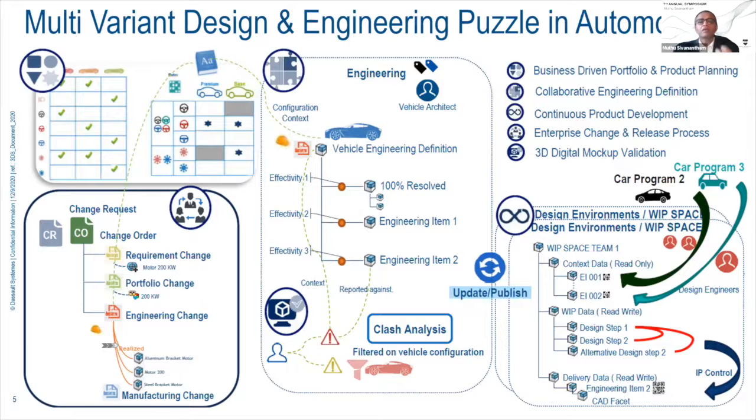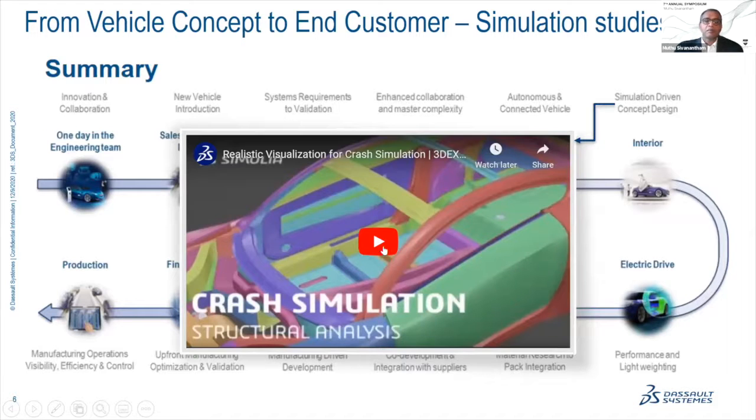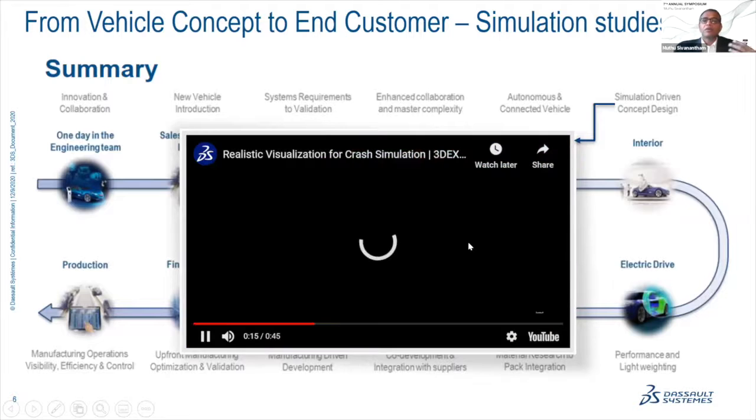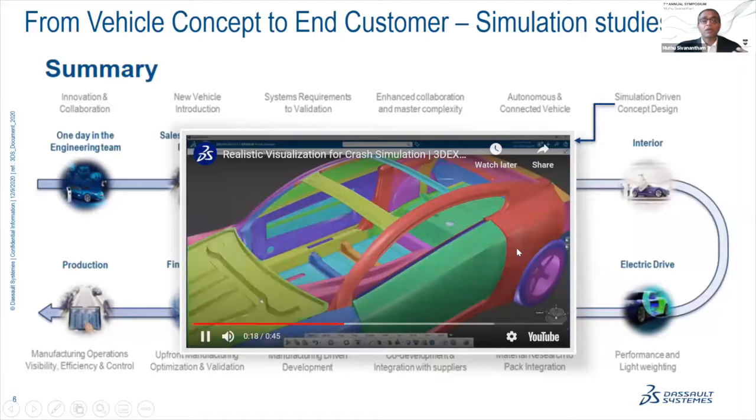So now you have a configurable data structure that not only contains all the information you need, but is shareable across various groups, like the simulation group you see here. What you see on the screen is basically design and simulation people working in tandem.